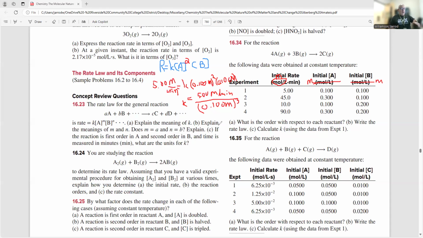Now, when I do that math, 5 divided by... end up with 5,000. I'll erase this.